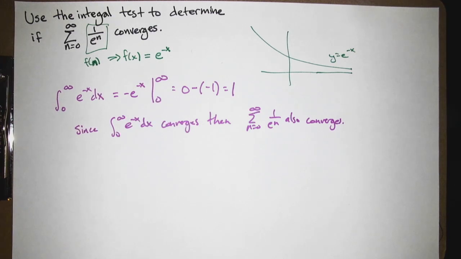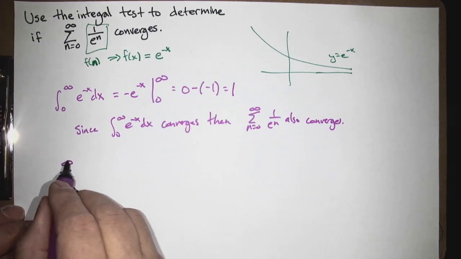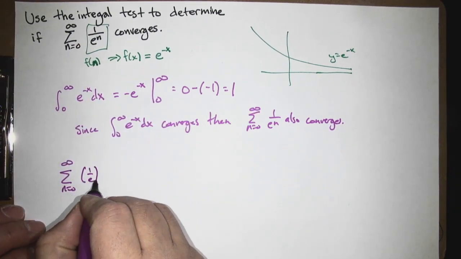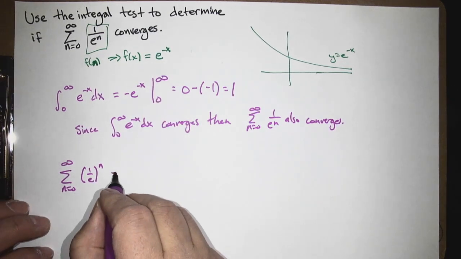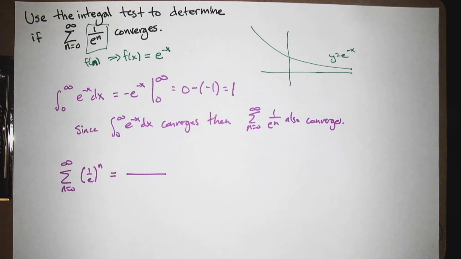It's geometric. So let's actually find this sum. Sum n equals 0 to infinity, and 1 over e to the n is the same as 1 over e to the n, but I'm just going to write it in a slightly different way. And 1 over e is small. So, according to our generic formula, we have to say, what's the first term? What's our multiplying factor?